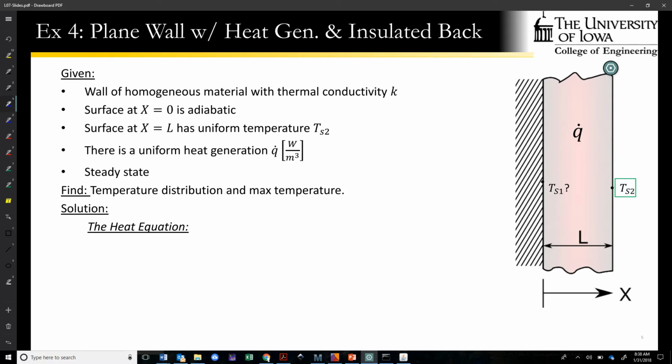You end up with power dissipation due to the resistance of the wire, which converts electrical energy to thermal energy at some rate per unit volume. So this Q dot term is specified in power per unit volume.